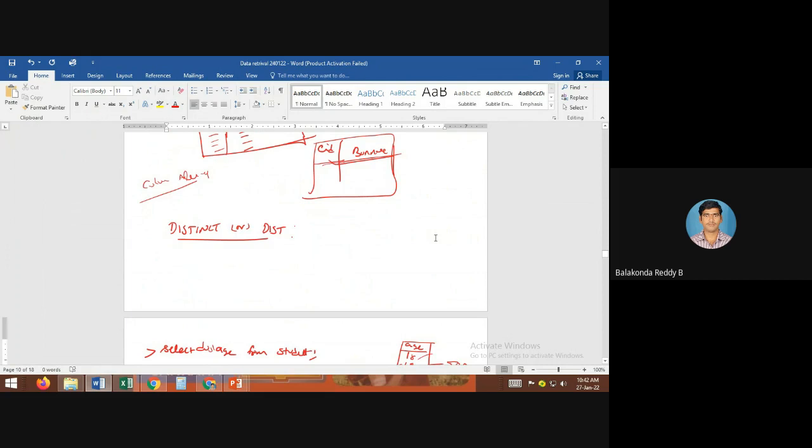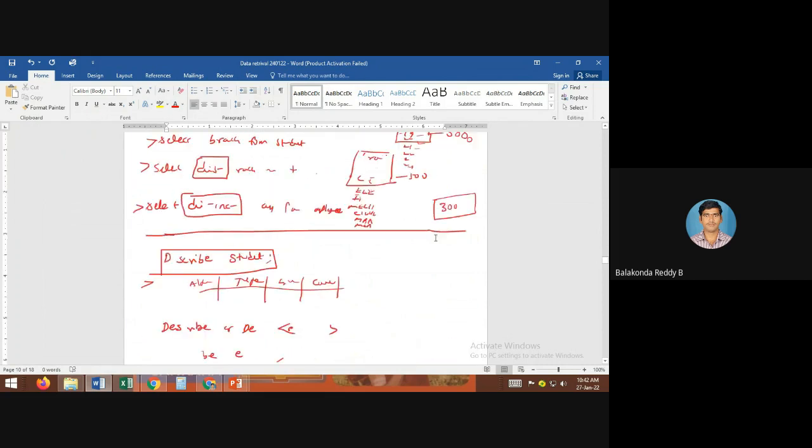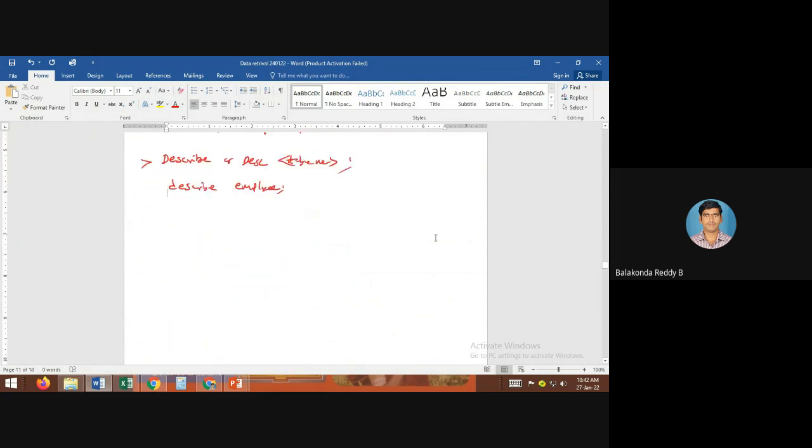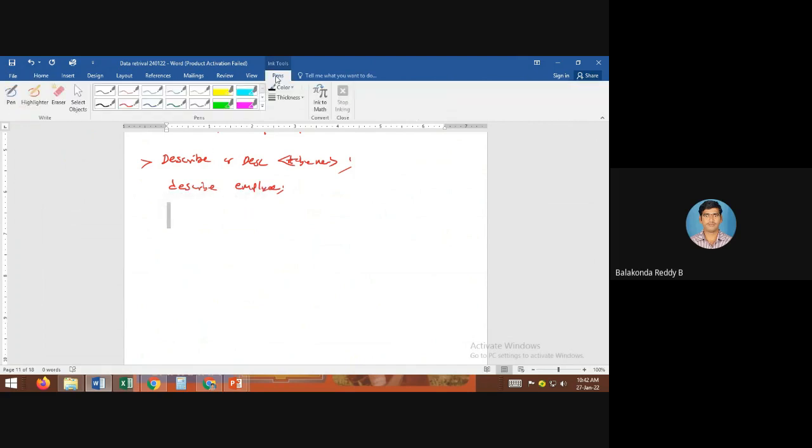Aggregation, what does it mean in English terminology? Grouping, exactly. Very good. So in English terminology, aggregate means grouping.